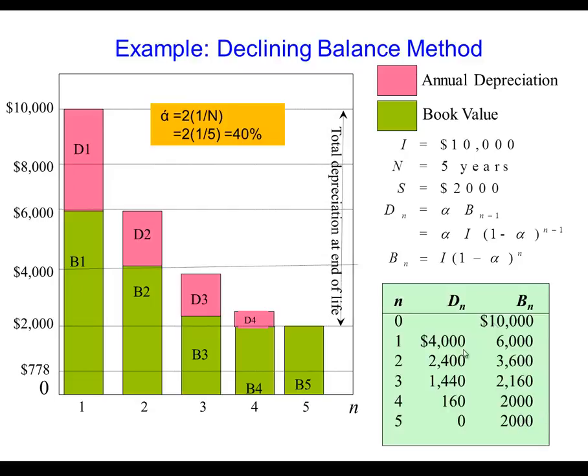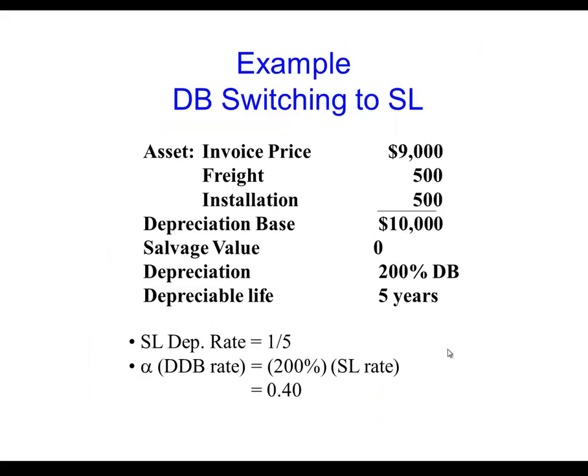As you notice here, we got 2,000, and in the previous calculation we got 2,000 as a book value for year number 5. So whether we are using the straight line method or the declining balance method, we are getting the same results, and this is how we get the book value.